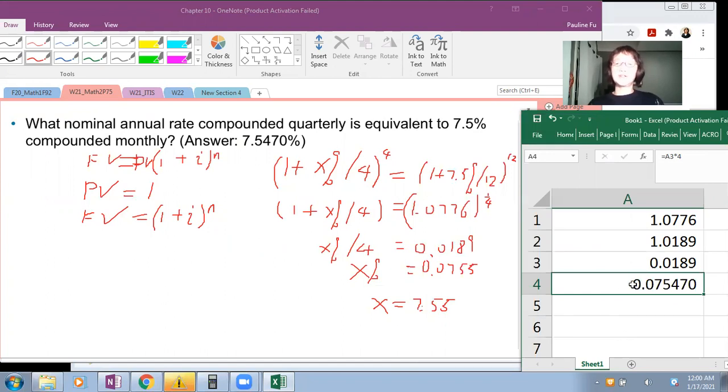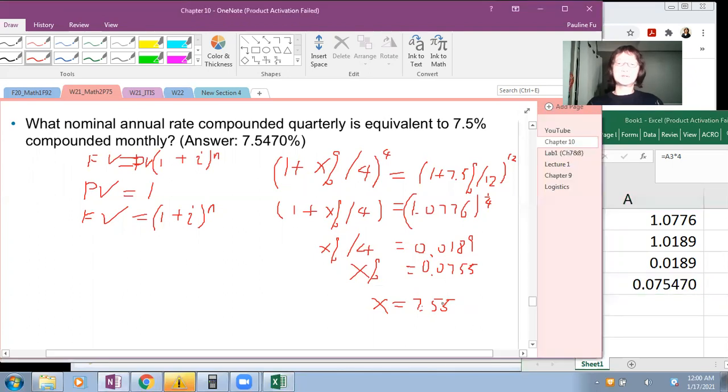Okay, so I increase decimal place, it gets the same number here, 7.547547. So this is how to calculate the equivalent rate. Okay.